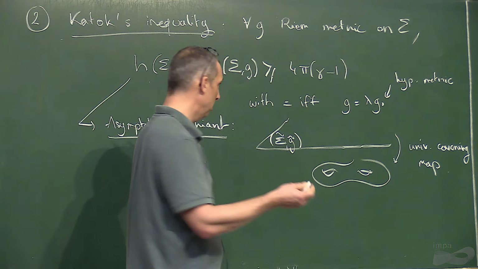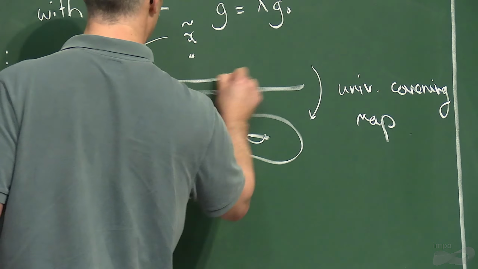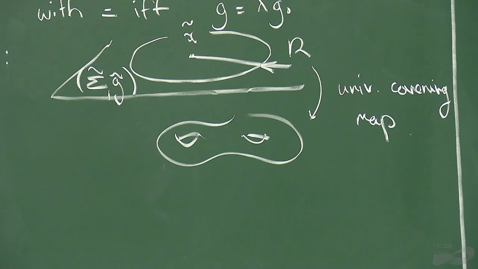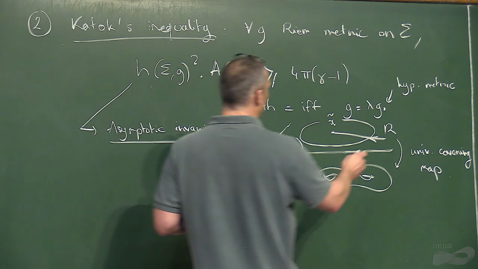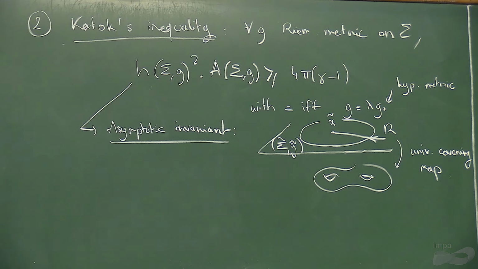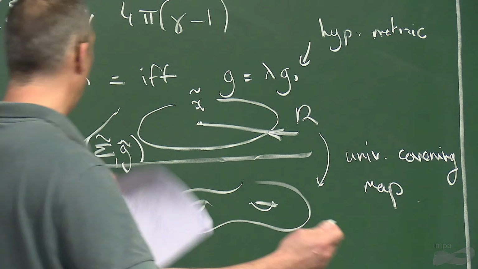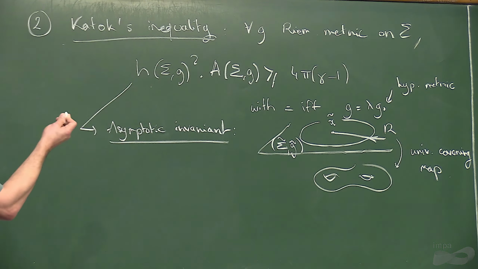Then you fix any point here, let's say it's x tilde, and take any radius r and look at the area of this ball. This ball will behave in most cases as in the hyperbolic case, which means that it will have an exponential growth with a positive factor. And then the factor that appears is exactly this volume entropy.